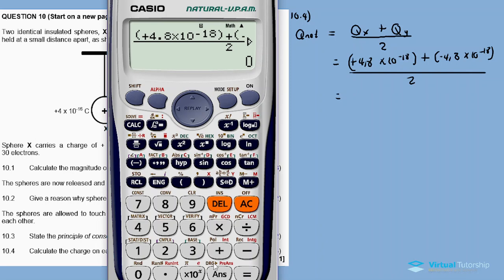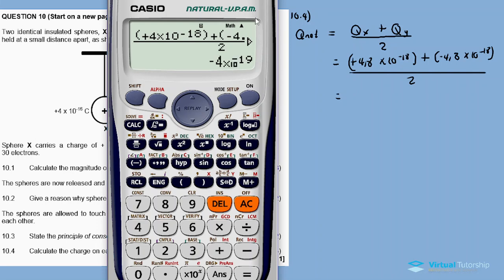Wait, let's go back. Here it's actually 4. Sphere X is plus 4 times 10 to the exponent minus 18.